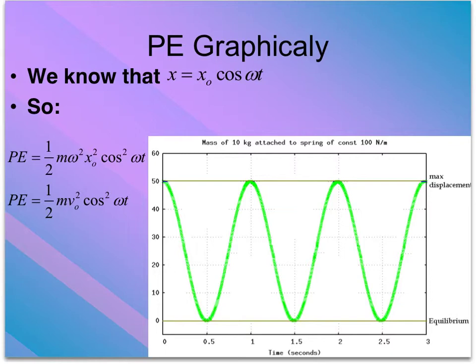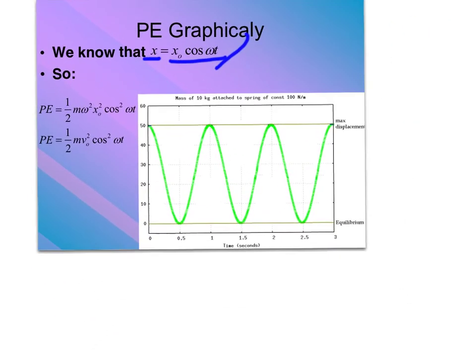Again, we have another expression for potential energy because we know that the displacement at any given time is x sub 0 cosine omega t. We can plug that into our potential energy equation, and let's do that real quick.